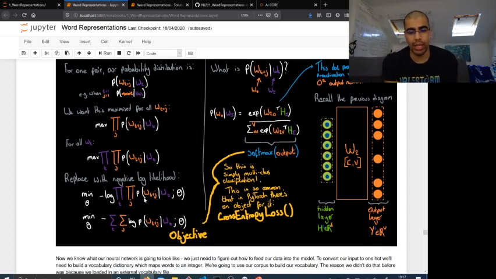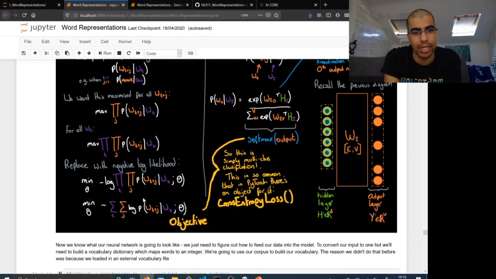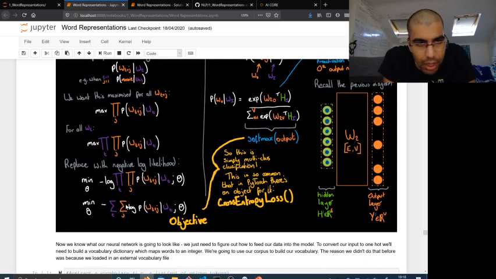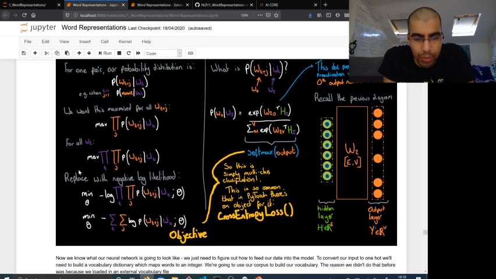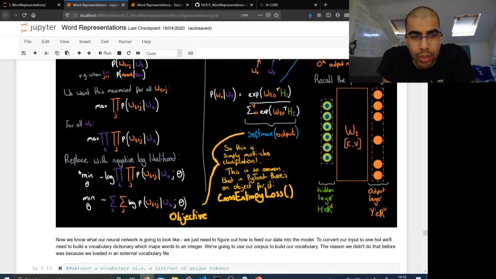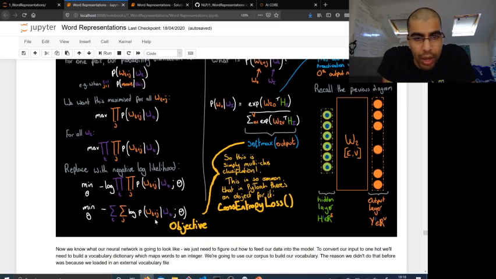So for implementation purposes we change it to a log, and because log is a monotonic function, we're allowed to do this, and we can apply the log rules to change the products into a summation. And rather than maximizing, in the neural world we like to minimize our optimizations. So we want to minimize the negative log likelihood of a window word appearing given the context word, parameterized by the parameters of our neural network.